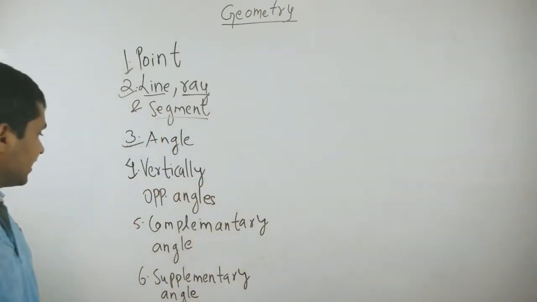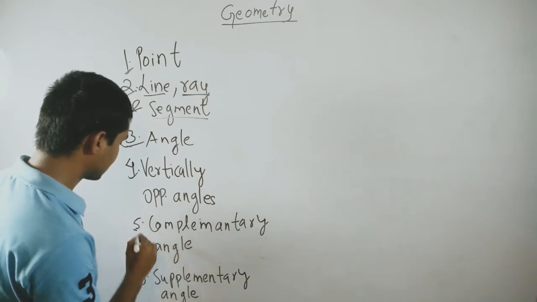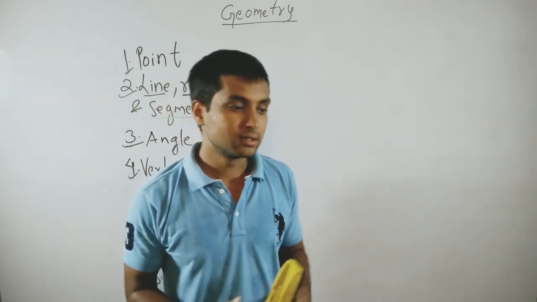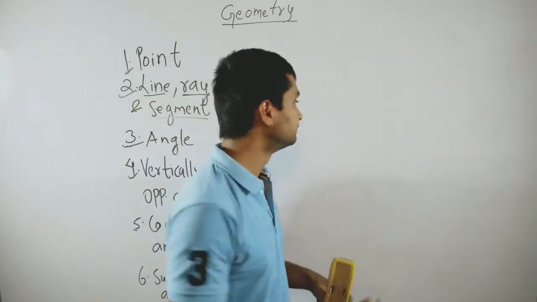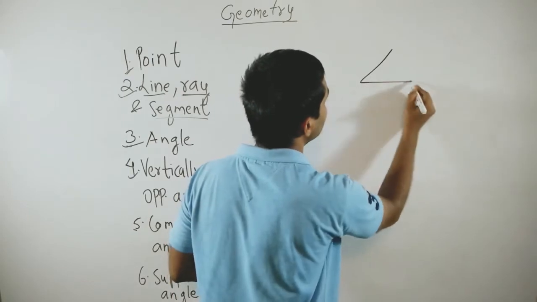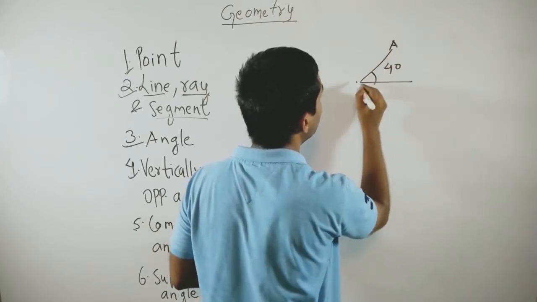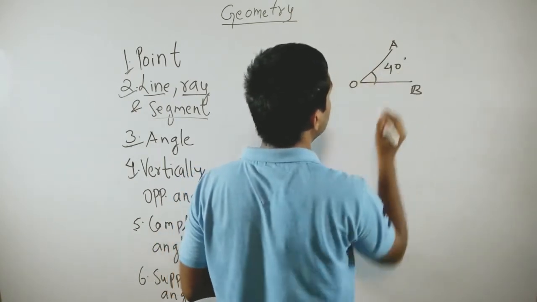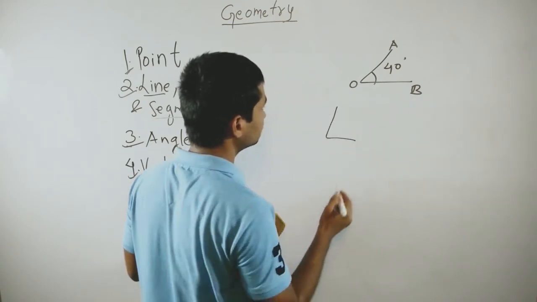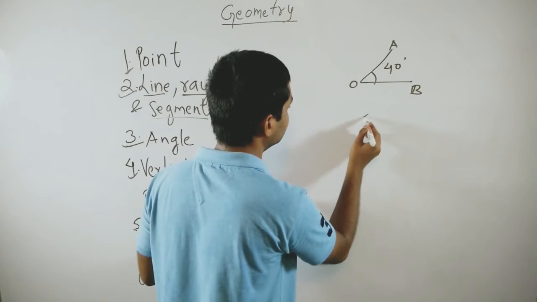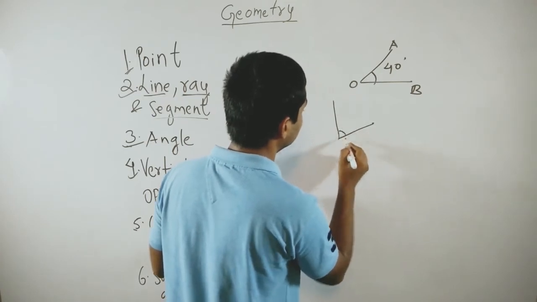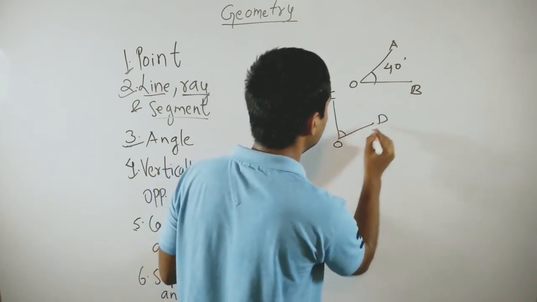This is done. Next is complementary angles. Whenever there are two angles that sum up to 90 degrees, for example, let's say this one is 40 degrees. Angle AOB is 40 degrees, and we have another angle COD.